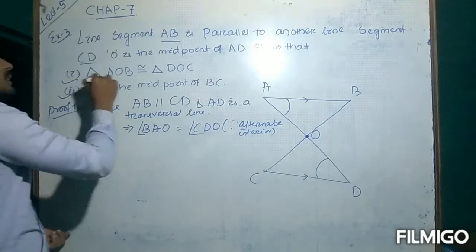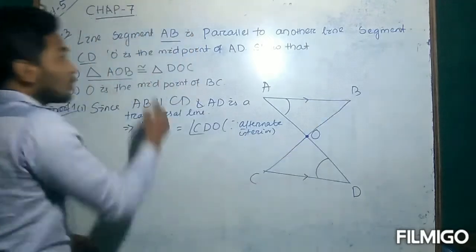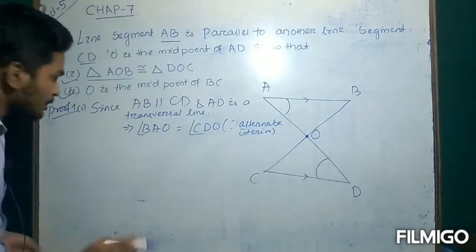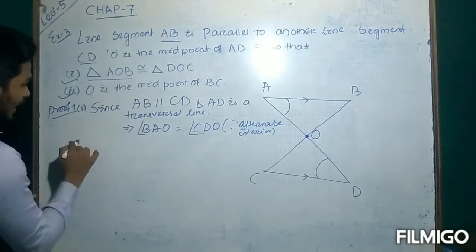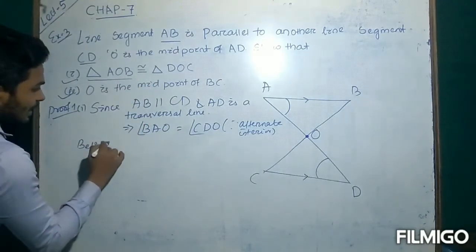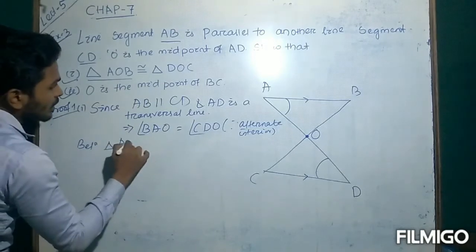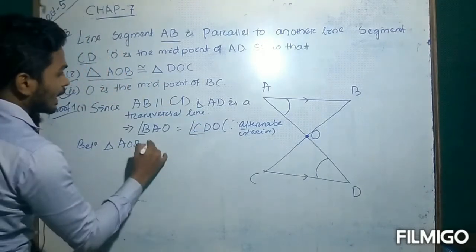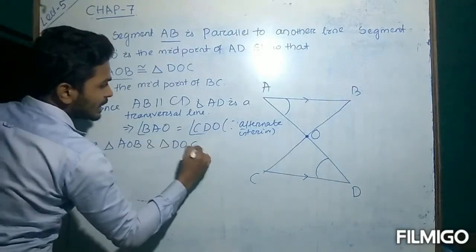So now we will prove that this triangle AOB is congruent to the triangle DOC. Let us compare these two triangles. Between triangle AOB, write them in proper order, and triangle DOC.